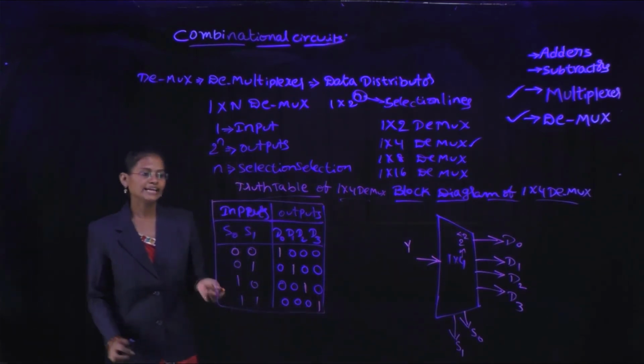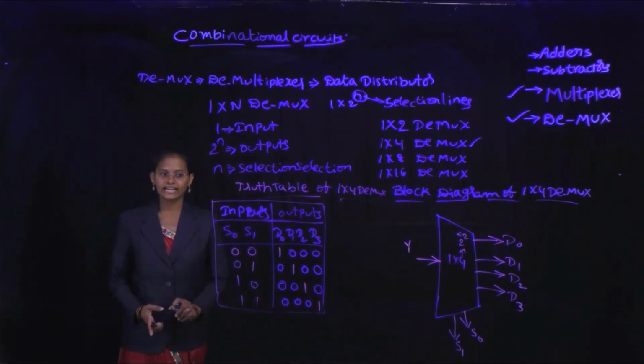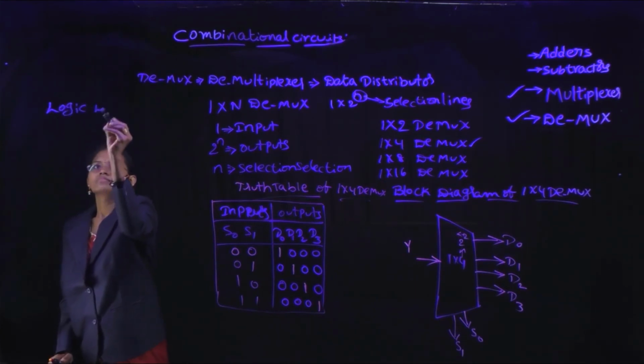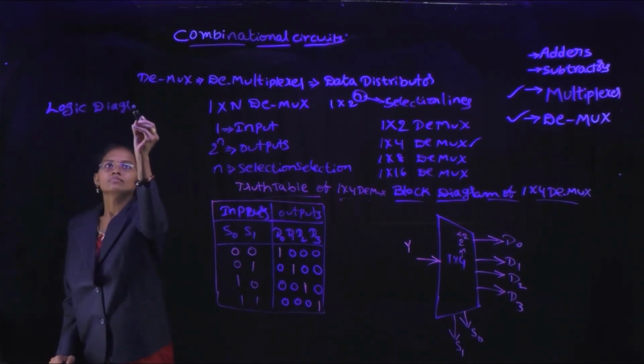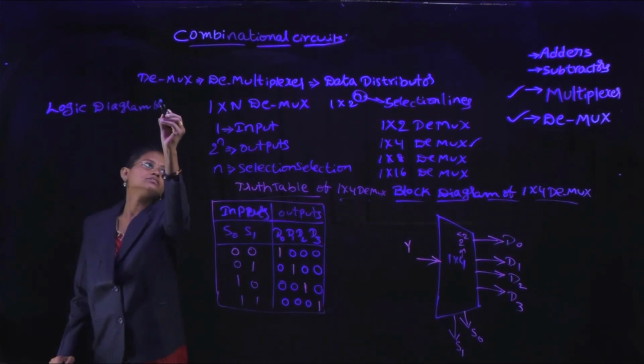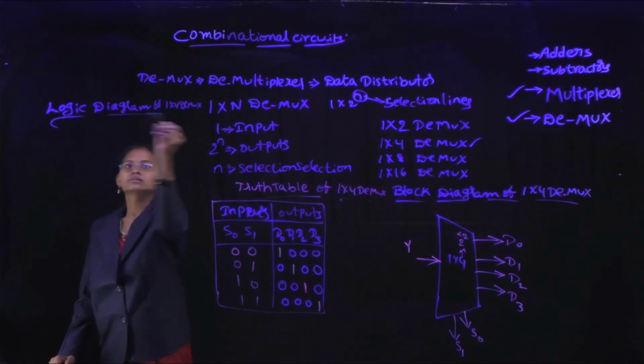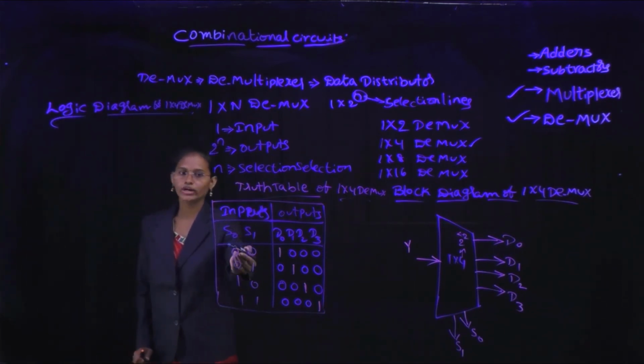Okay, and next see the logic diagram. Logic diagram for 1 by 4 demux. Here the inputs are S0 and S1.